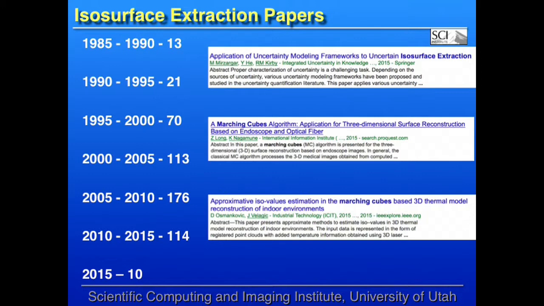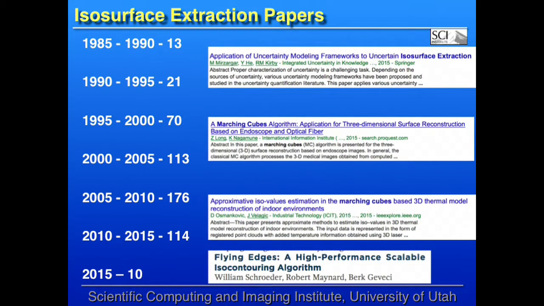But if you look at this, you don't see anything like a new algorithmic improvement until I came to this conference and went to the LDAV symposium, where Will Schroeder introduced Flying Edges, a high-performance scalable isocontouring algorithm, which was another way to get more speedup out of fundamental isosurface extraction.